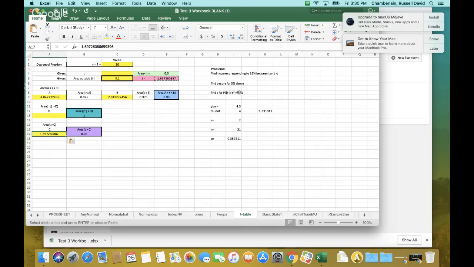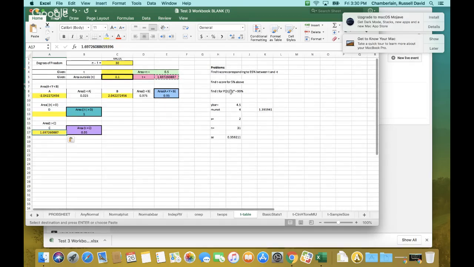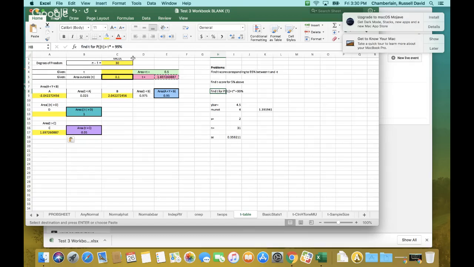All right, so this one is actually, well, I'm not going to say it's easy. Okay, so what does this mean? If the absolute value of t is greater than t star, we want to correspond to 99%. So what does that mean? 99% of the absolute values of t will be greater than this cutoff value for t star, right?